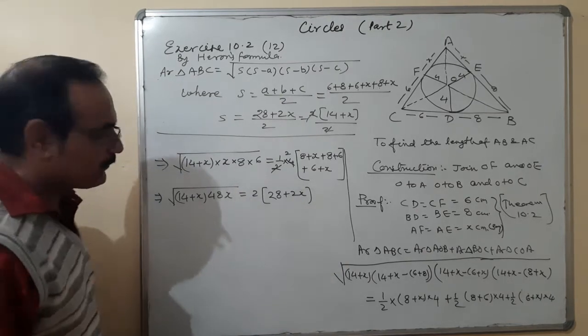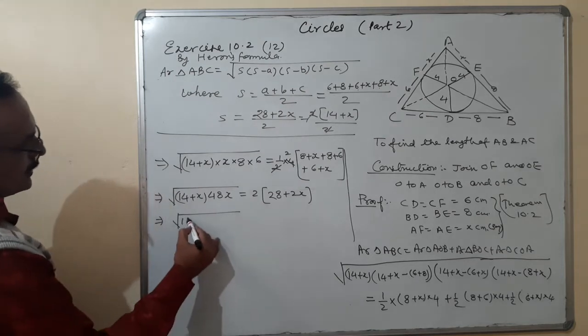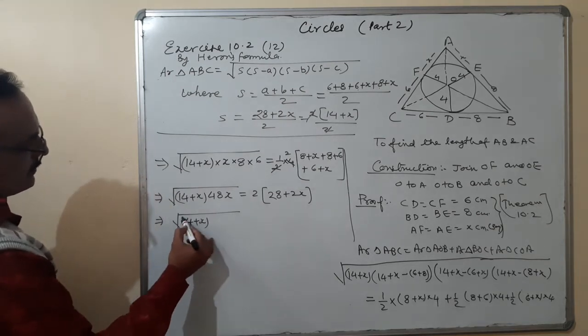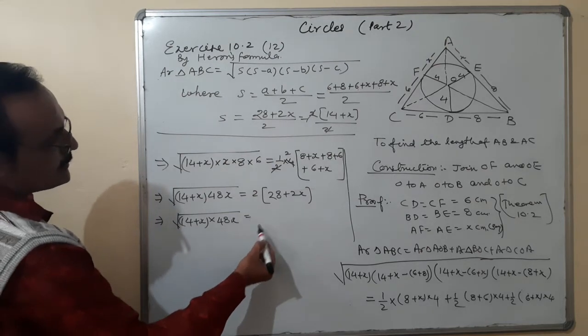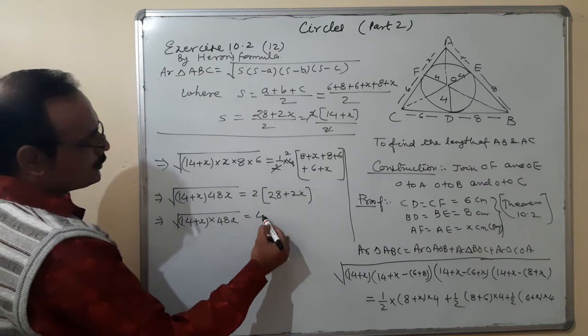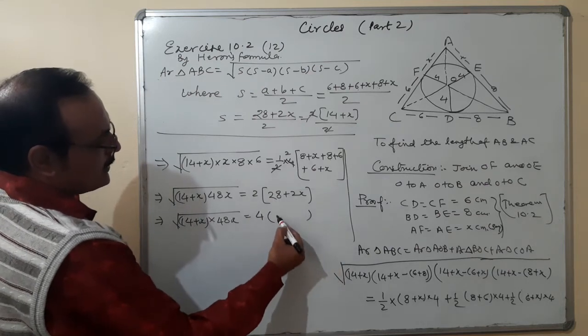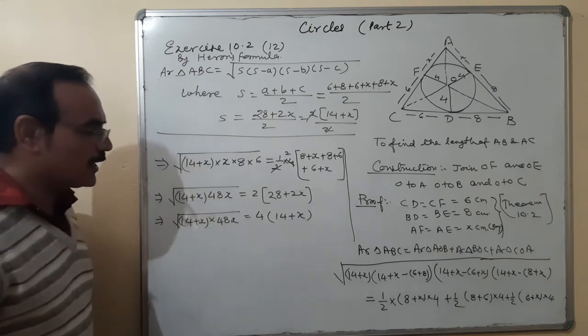Okay. After that, 14 plus x multiplied by 48x is equal to, taking 2 common. So when I take 2 common, 2 into 2 is 4, and inside the bracket 14 plus x is left. After this step, let me remind you one thing.